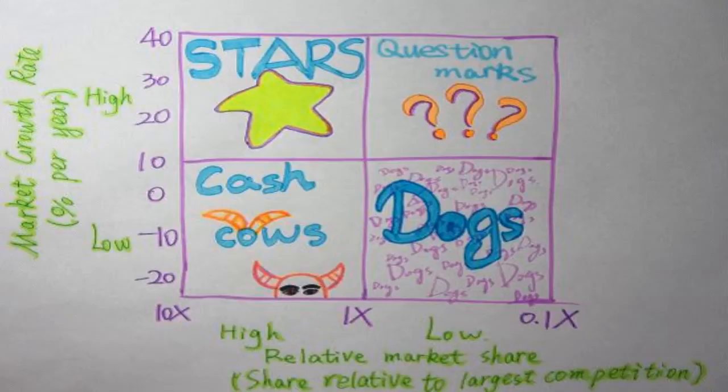A relative market share of 10 times at the left end of the scale means that the SBU has 10 times the share of its largest competitor, whereas a share of 0.1 times at the right end of the scale means it has only 10% of the share of its largest competitor.